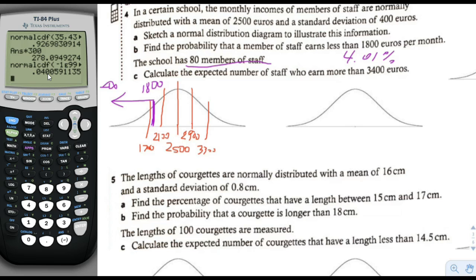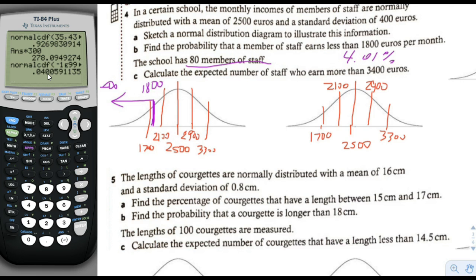The school has 80 members of staff total. Calculate the expected number of staff who earn more than 3,400 euros. Okay, so let's draw the numbers out one more time. 2,500 is the mean, and then the next number is going to be 2,500 plus 400, which is 2,900, and the left standard deviation line is going to be 2,500 minus 400, which is 2,100, and then this will be 3,300, and this will be 1,700.